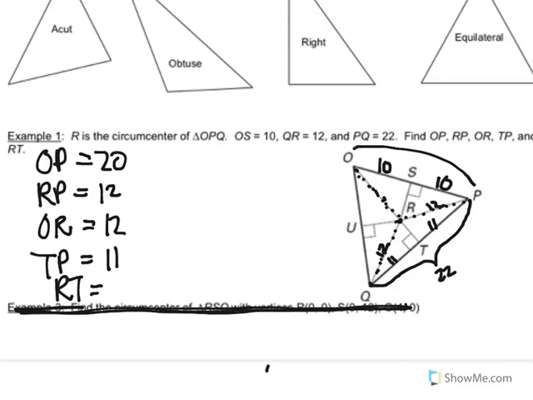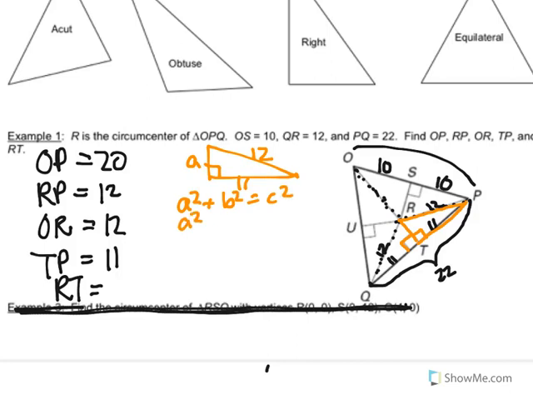But what we do know is that this right here is a right triangle, because if this is 90 degrees, we know that this is 90 degrees. So we have a right triangle with side 11 and a hypotenuse of 12. And so we need to find this side right here. So let's call that side A. So A squared plus B squared equals C squared.